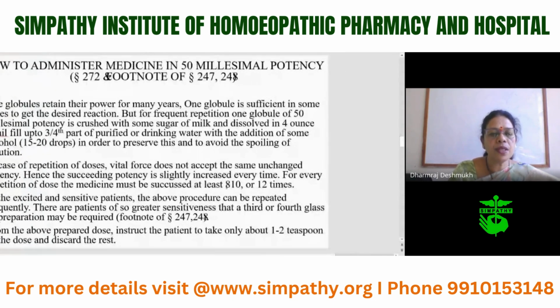But for persons who are very sensitive, repetitions can be given according to their sensitivity. For people who are more sensitive, you have to transfer this single dose into the third, fourth or fifth glass, and then it is stirred and the dose is given, and the remaining is discarded.